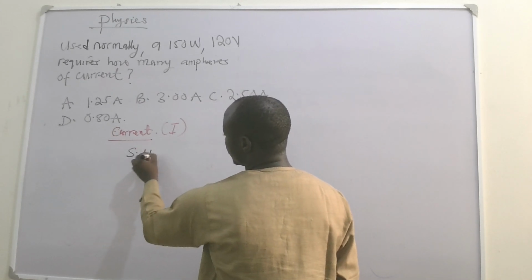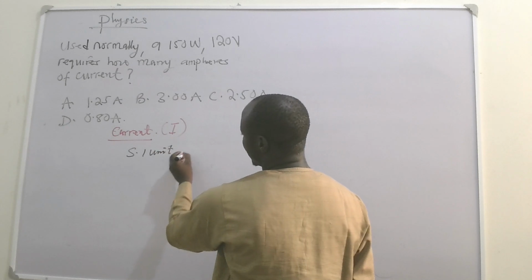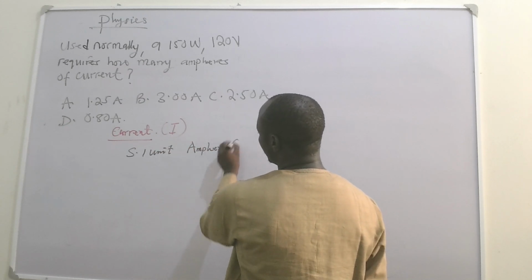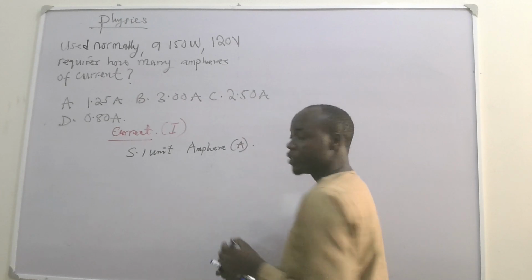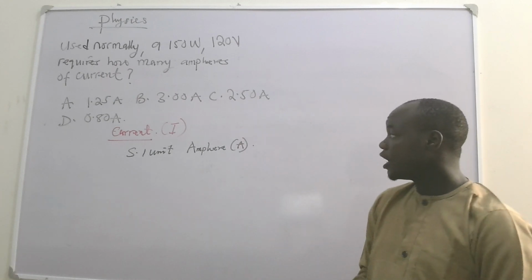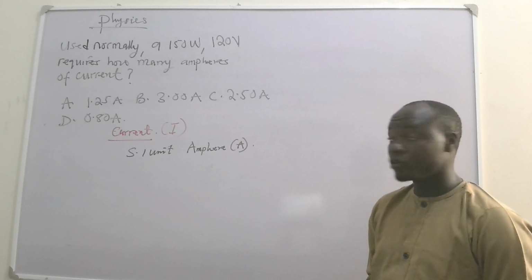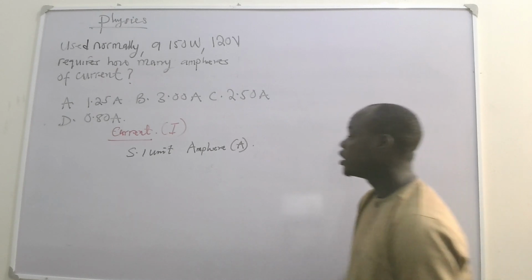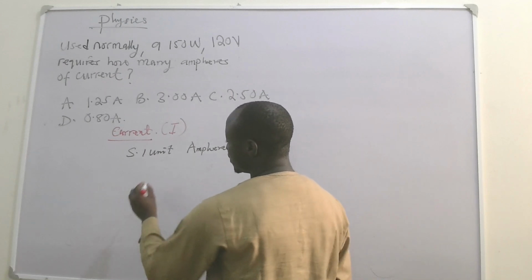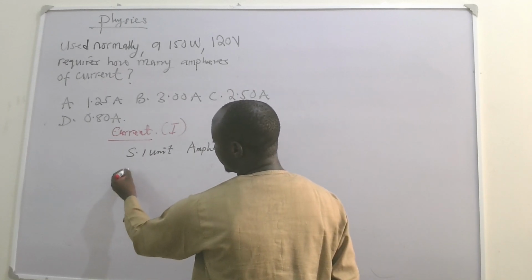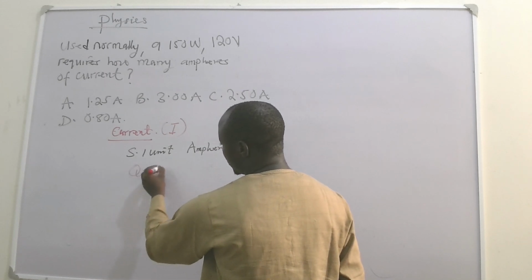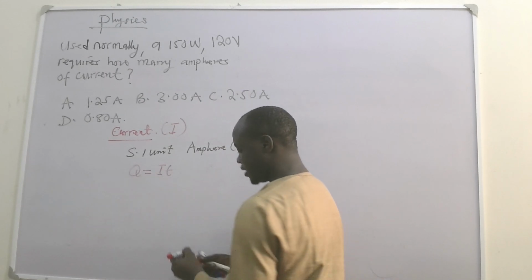The SI unit for current is the ampere, which is also represented with capital letter A. The current also has a formula, Q is equal to IT.